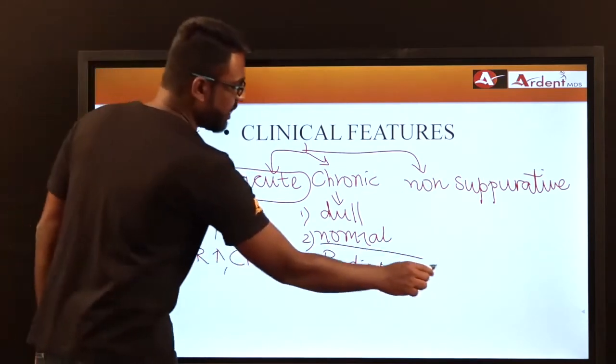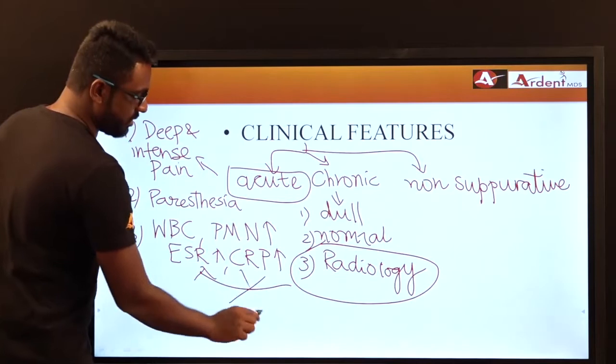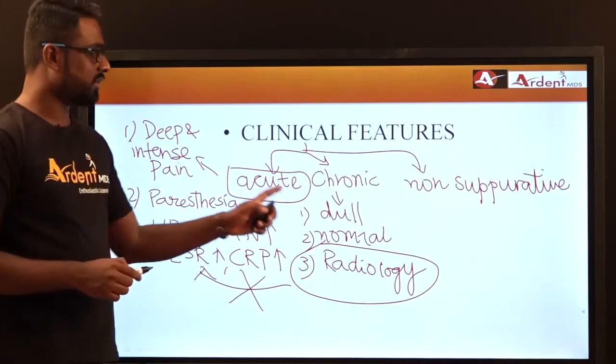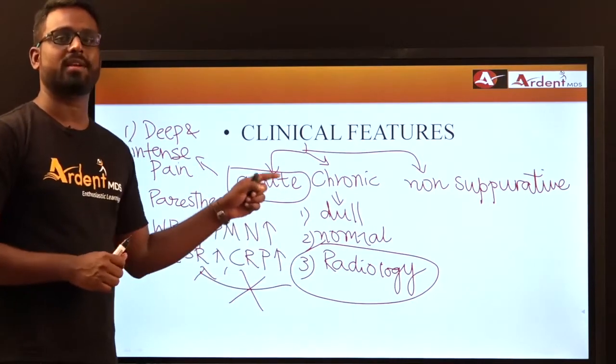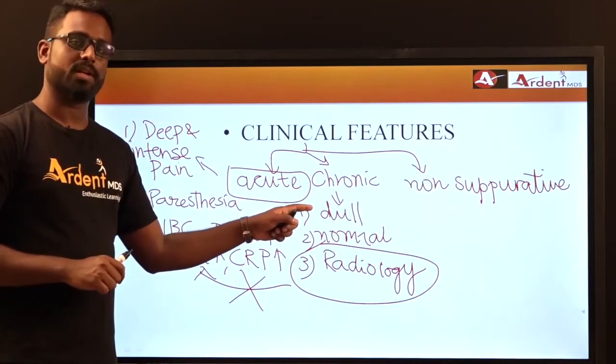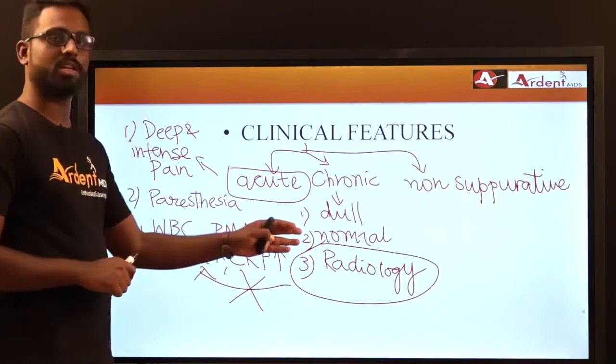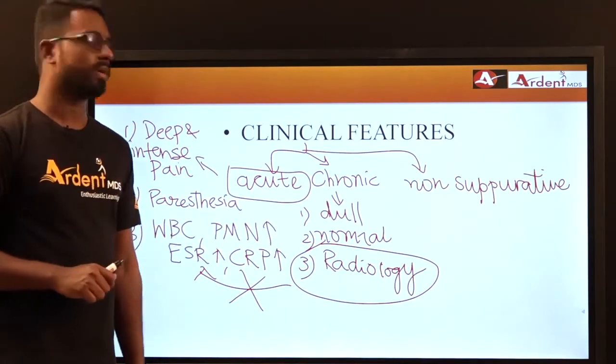The radiological features of classical osteomyelitis you can't see in acute conditions. So in acute osteomyelitis, the radiological features may not be seen, whereas in chronic osteomyelitis, the blood investigations may sometimes be normal. So you can see the difference between acute and chronic osteomyelitis.